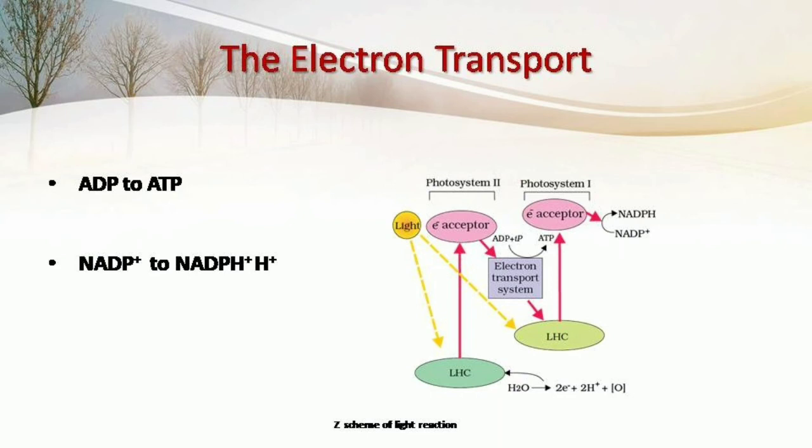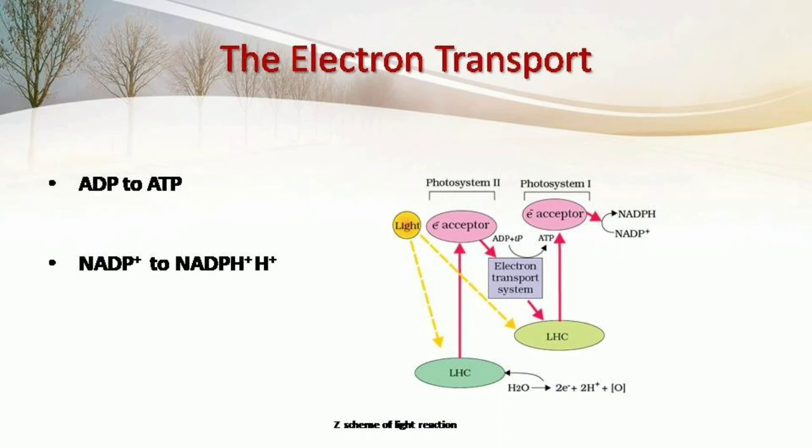Within photosystem 1, the low energy electrons are again re-energized and passed through an electron transport chain where the electron carrier NADP plus is reduced to NADPH. So this whole process, starting from photosystem 2 where the electron gets excited, then entering the electron transport system, and from photosystem 1 it is a downhill process where NADP plus is reduced to NADPH plus H plus.